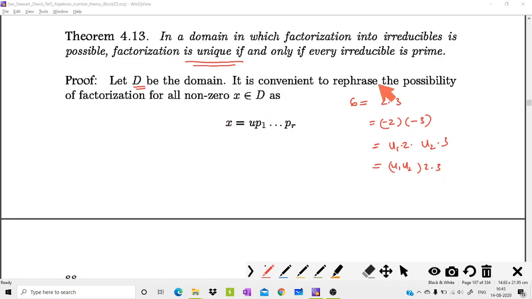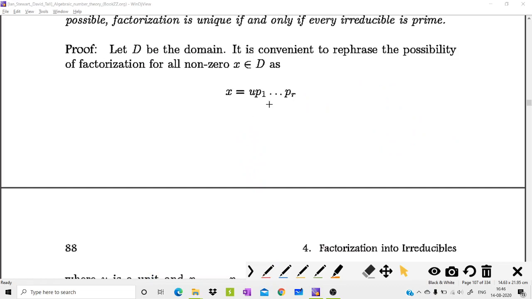It is convenient to rephrase the possibility of factorization for all non-zero x in D as x equal to u into p1, p2, etc., pr, where all the units are written in the first part of this product. When r is equal to 1, you have x equal to u p1.